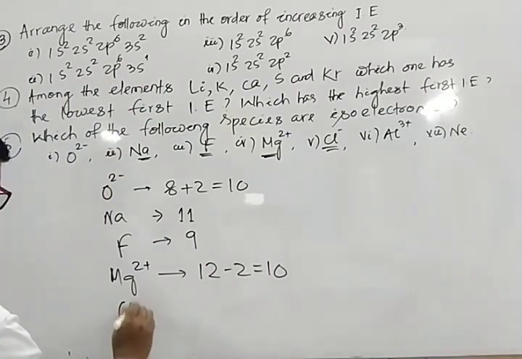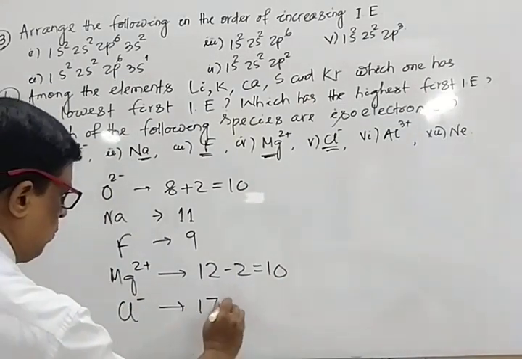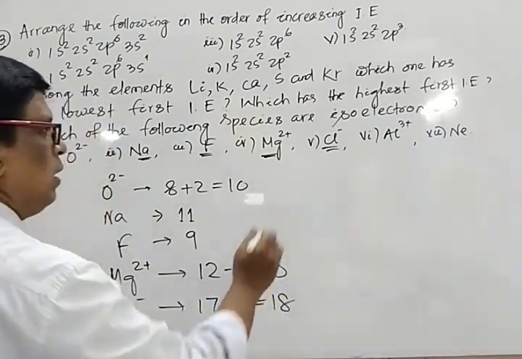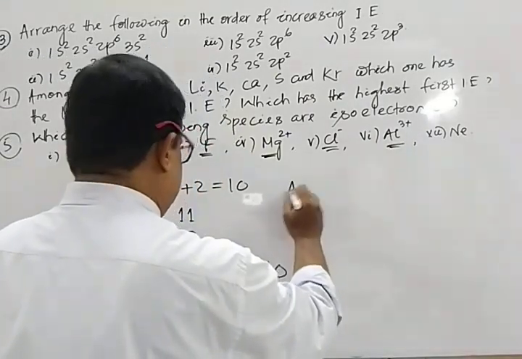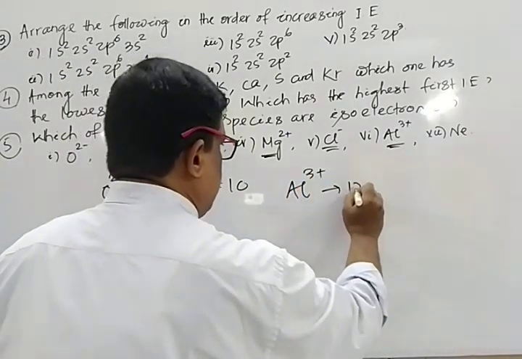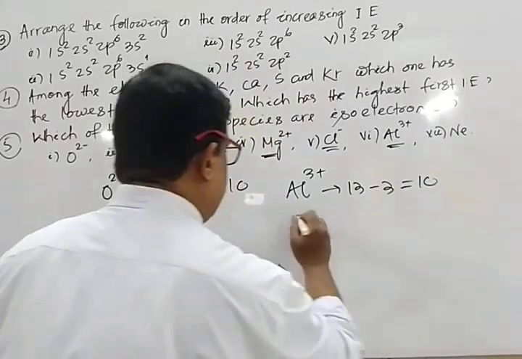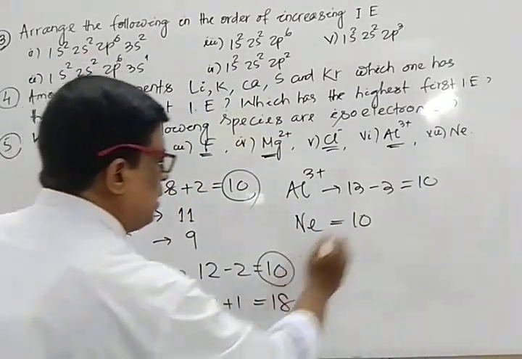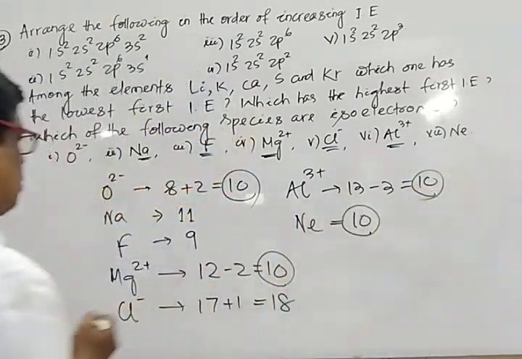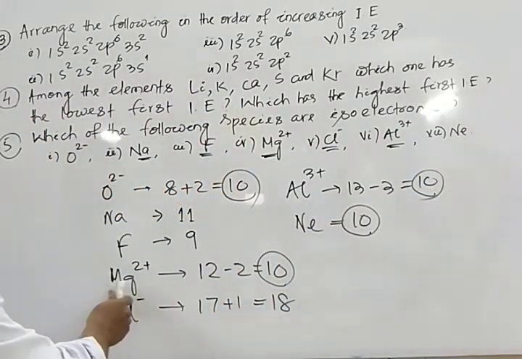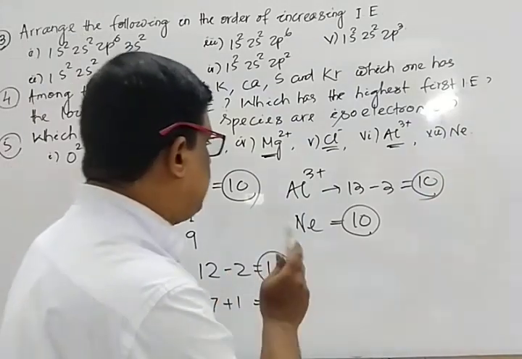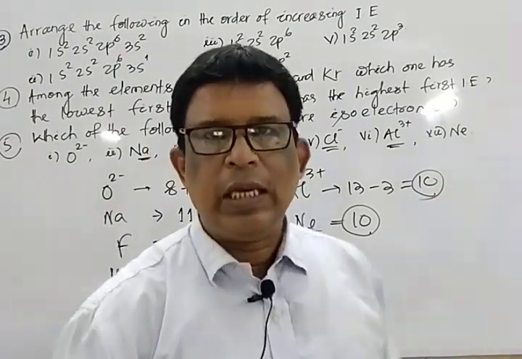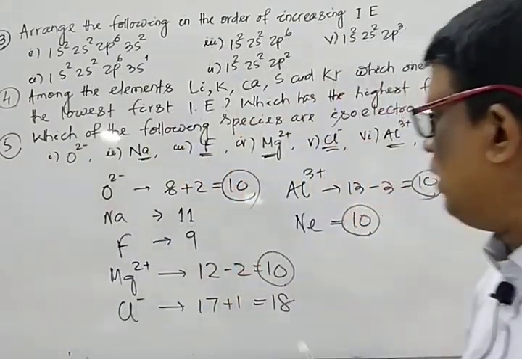Cl minus, atomic number 17 plus 1, that is 18. Next, Al3 plus, atomic number 13 minus 3, that is 10. Neon, atomic number 10. So these are 10, 10, 10, 10. So O2 minus, Mg2 plus, Al3 plus, and neon. These are known as isoelectronic species.